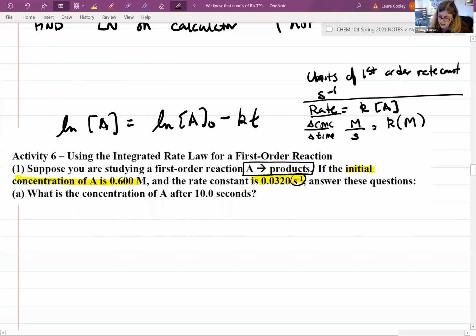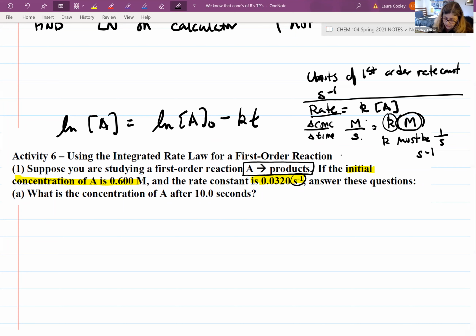So you can see that in order to make the units equal, k must be 1 over seconds, or inverse seconds. Because if you took this molar and divided it by seconds, you would get molar per second. And then you have equal rates on both sides of the equation. So it's not a surprise that a first order rate constant should have this unit.